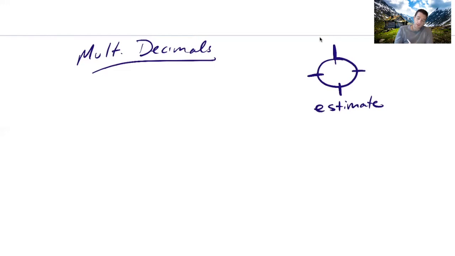So if I were to give you, for example, 3.8 times 4.2. So once again, 3 and 8 tenths times 4 and 2 tenths. Before you start this problem, you want to just say, okay, this is near 4. This is near 4.